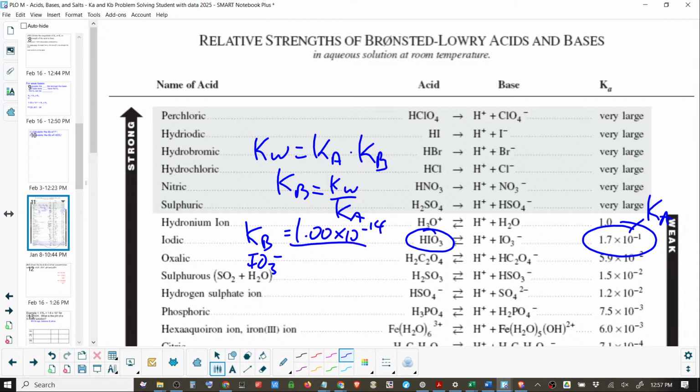You look up the Ka. If you have the base, it better be on the base side. So we take that Ka for its conjugate, and we divide it into 1.0 times 10 to the minus 14. And now we will have the Kb for that particular base. Something times 10 to the 13, I presume.